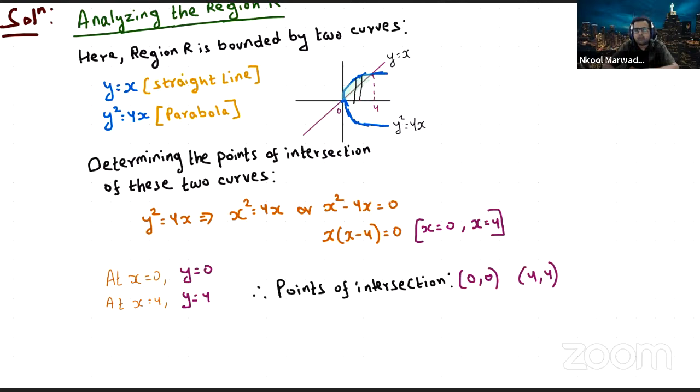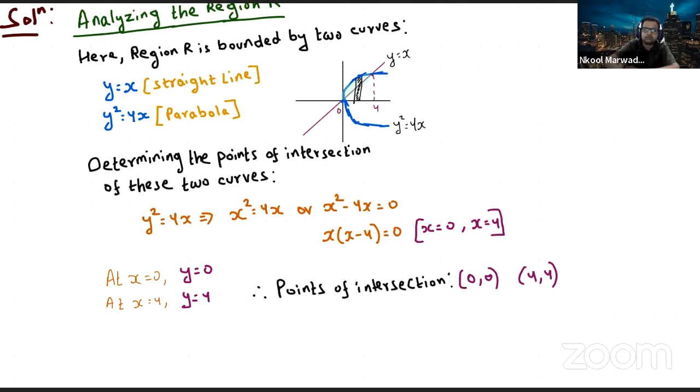So if I go with the vertical, then x will be from 0 to 4, but y will be the function. So y will be from x to root 4x, because y is x and y square is 4x. So y will be from x to root 4x and x will be from 0 to 4, isn't it, in this graph?